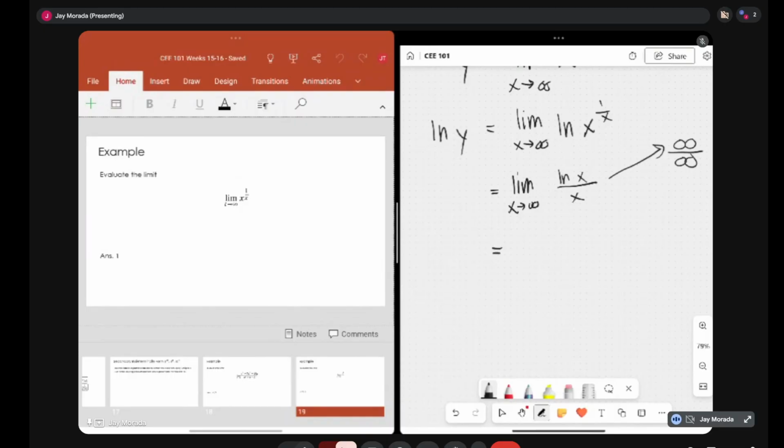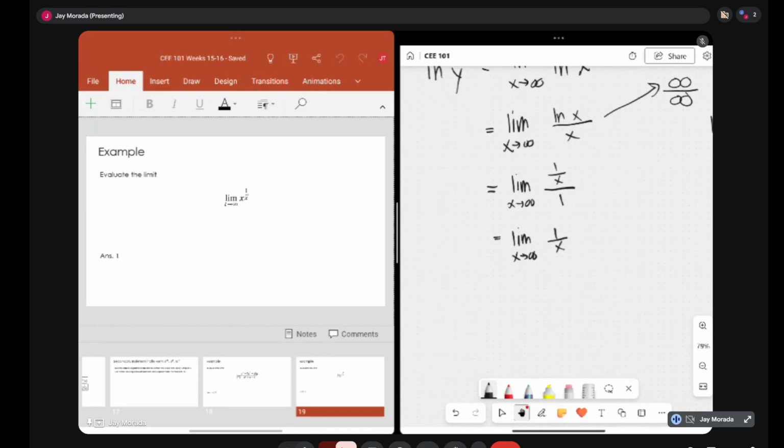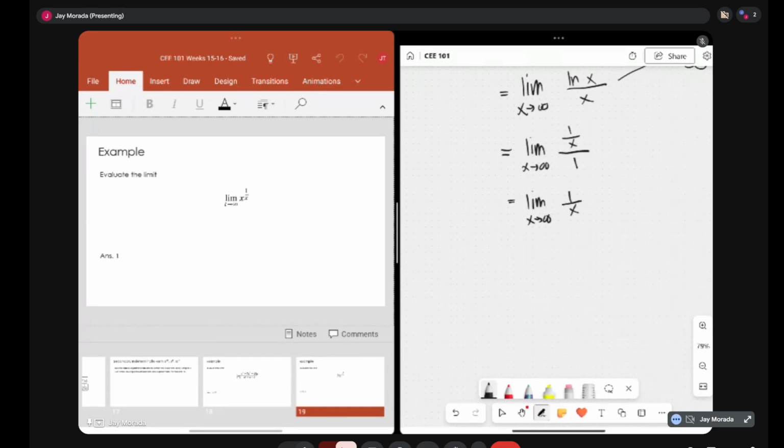So let's differentiate the numerator separately. It is 1 over x. Then differentiate the denominator, that is 1, leaving us with the limit as x approaches infinity of 1 over x. Now, actually you cannot directly substitute infinity, but 1 over x as x approaches infinity approaches 0.